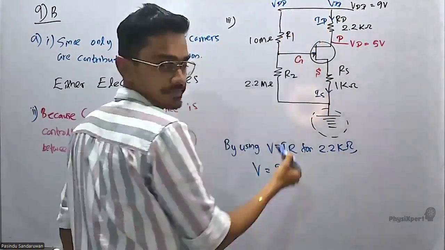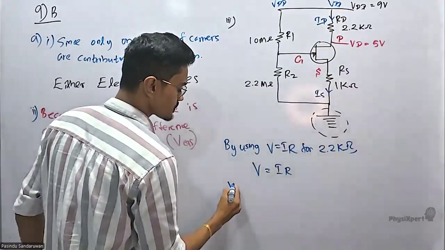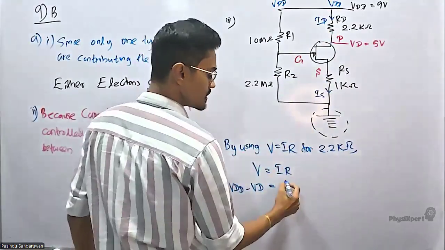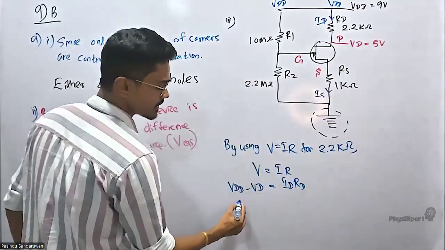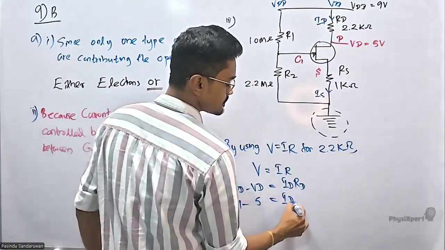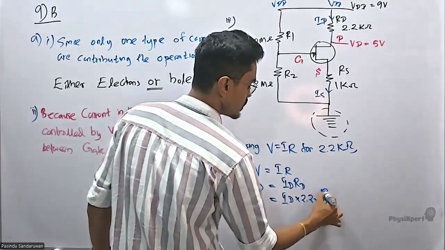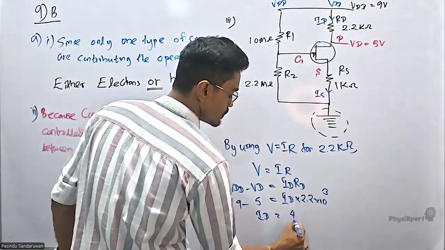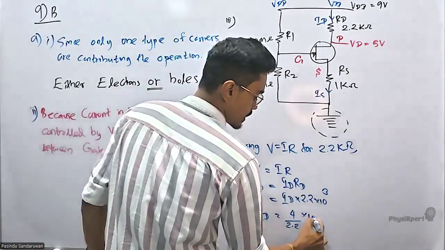So that is VDD minus VD, the potential difference, equals ID RD. Plug these values: VDD 9 minus VD 5 equals ID times RD, and RD is 2.2 kilo ohms. So ID is 4 over 2.2 times 10 to the power minus 3.